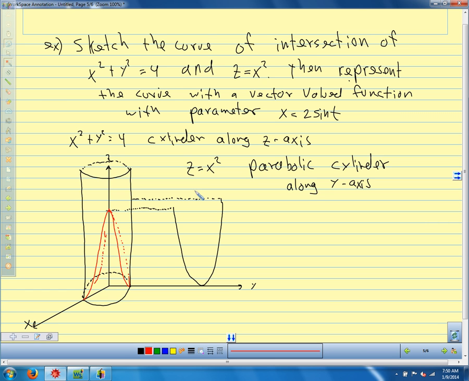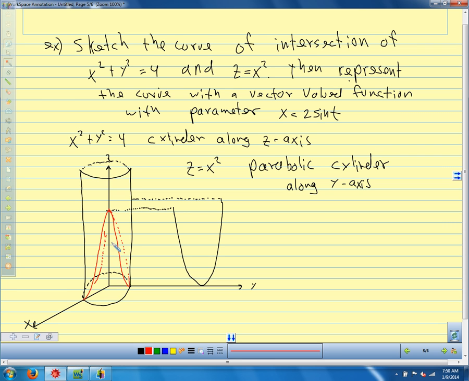So I thought of this parabolic cylinder slicing through the other cylinder. So this is a rough sketch of our curve of intersection. It's almost like a sine curve stretched around that cylinder.